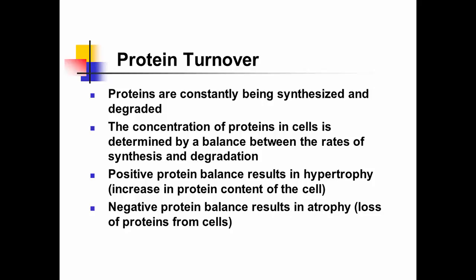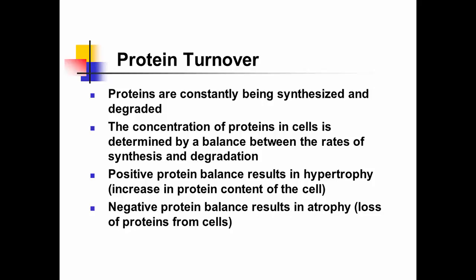The concentration of protein in cells is usually determined by the balance between the rate of synthesis and degradation. For example, if synthesis activity is higher than degradation, then the protein level will be high in the cells, and vice versa.